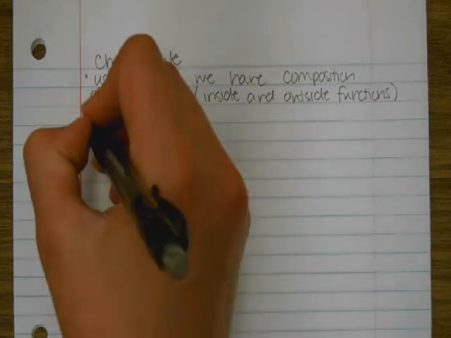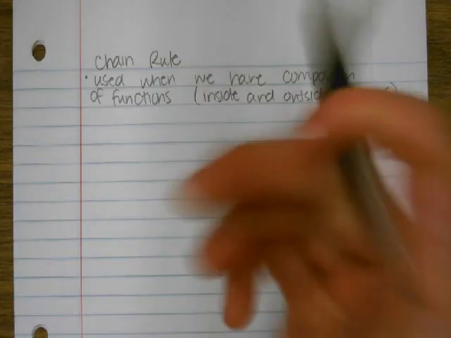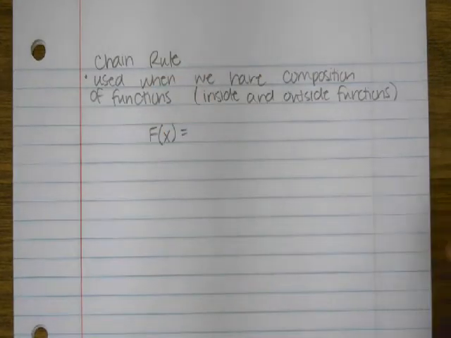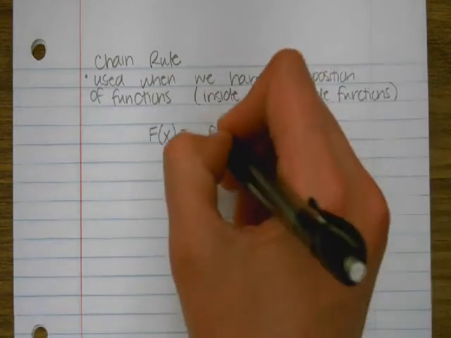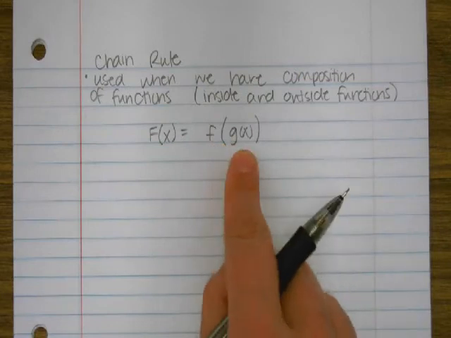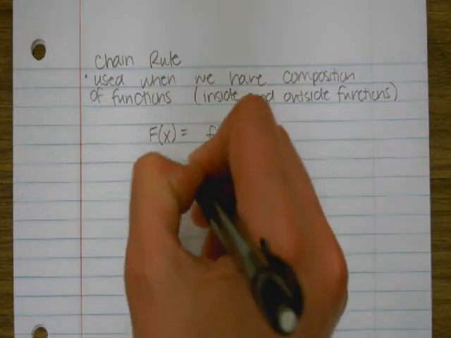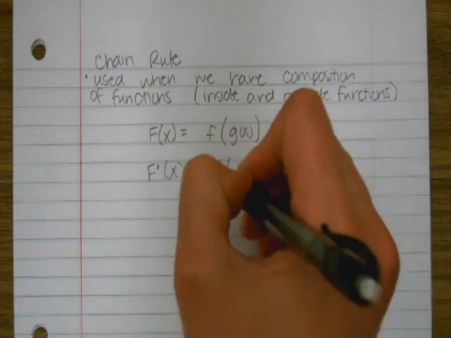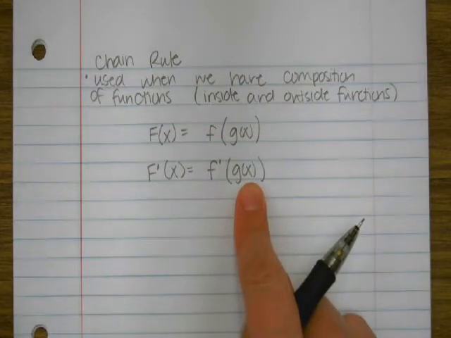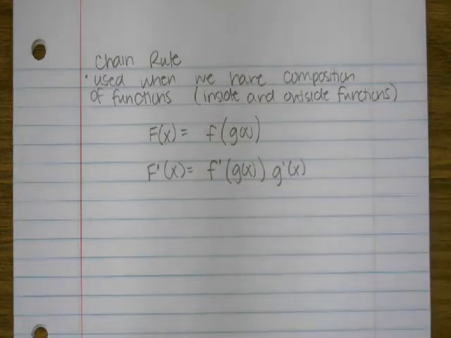If you start off saying that your function is capital F of x, and that that function is based off of a composition where you have a function where g of x is being plugged inside, then the derivative of this composition is going to be the derivative of the outside function with whatever was inside it, still inside it, looking all normal, multiplied by the derivative of the inside function.